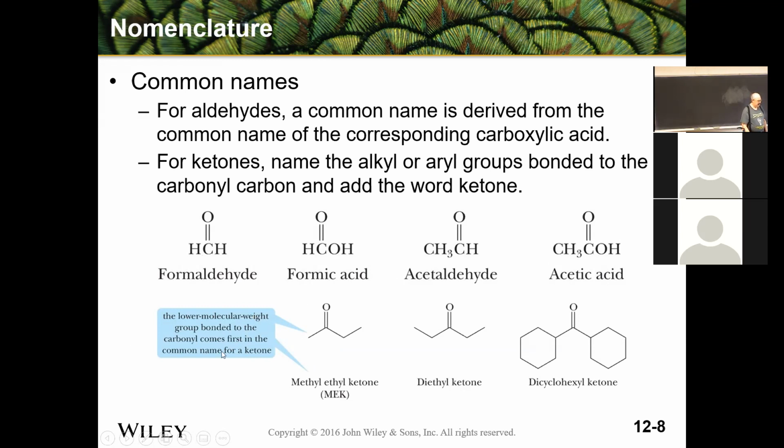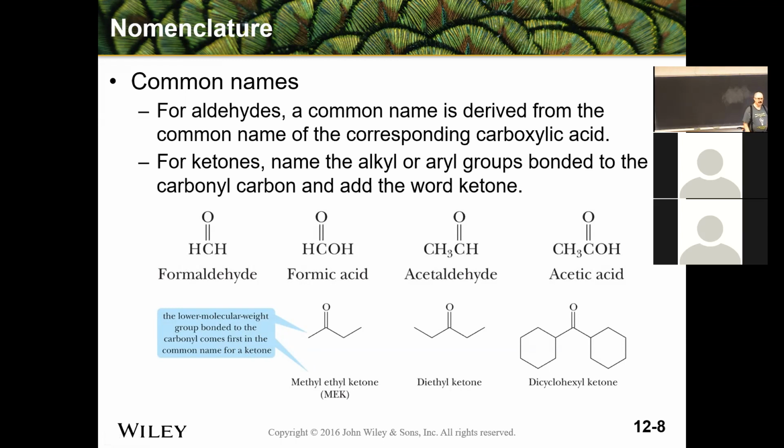And then ketones, as I alluded to in the previous slide, sometimes these are named by identifying the two alkyl or aryl groups on either side of the carbonyl. So this is methyl ethyl ketone, or MEK.